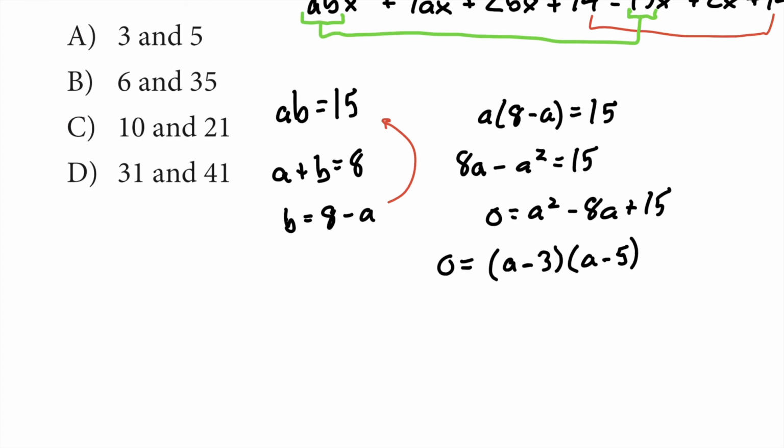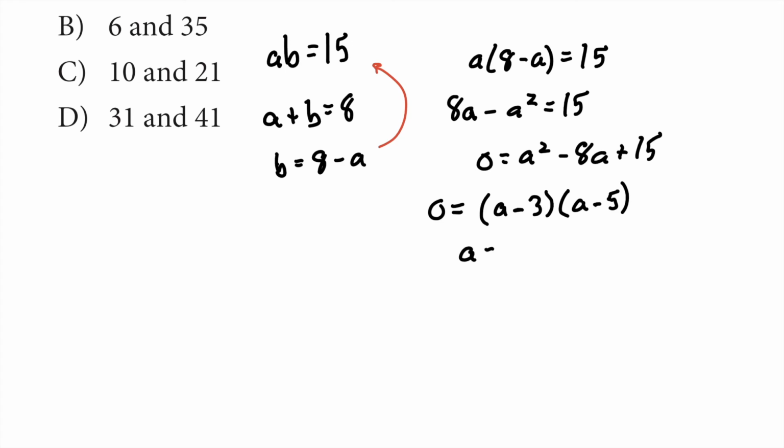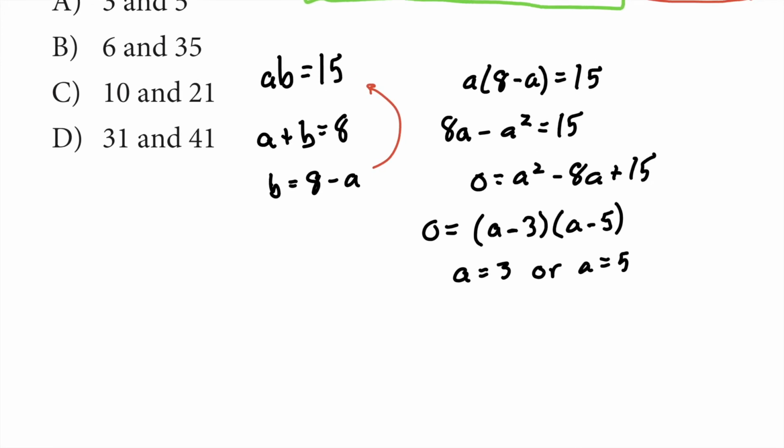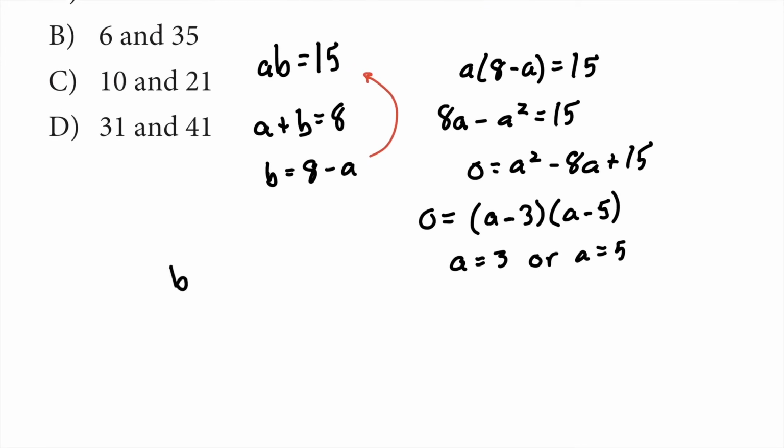Negative 3 plus negative 5 is negative 8. And so we get a equals 3 or a equals 5. And we can plug that in to this equation. So either a equals 3 and b equals 5, or a equals 5 and b equals 3.